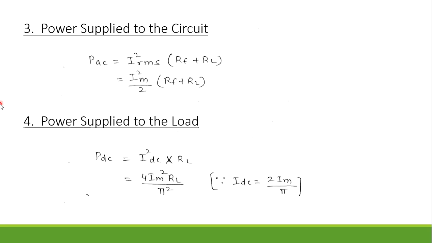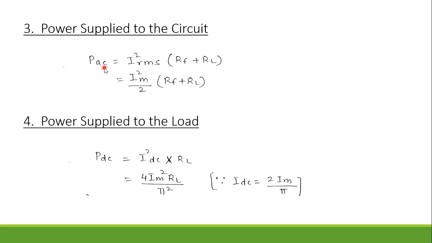Then the power supplied to the circuit. All of you know that power is equal to voltage into current, correct? By Ohm's law we can write it as I into I R, so it becomes I square R. Here we take I as the RMS value.